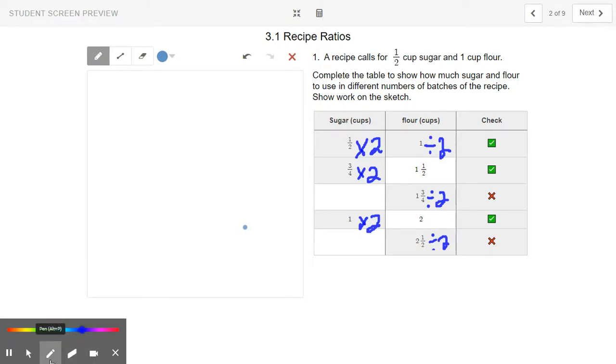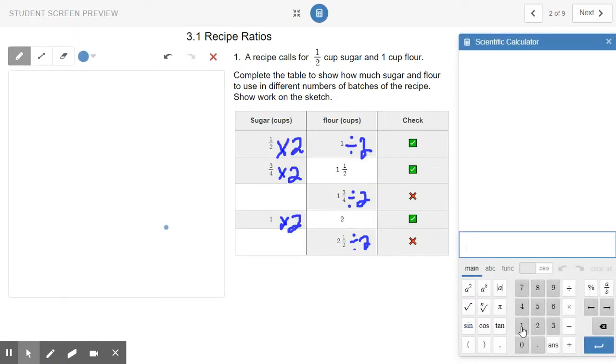I can actually use my calculator, and I know I'm going to be doing 1 and then 3/4. So I did my 1. This will make my next thing a fraction. So I'm going to do 1 and 3/4 divided by 2.